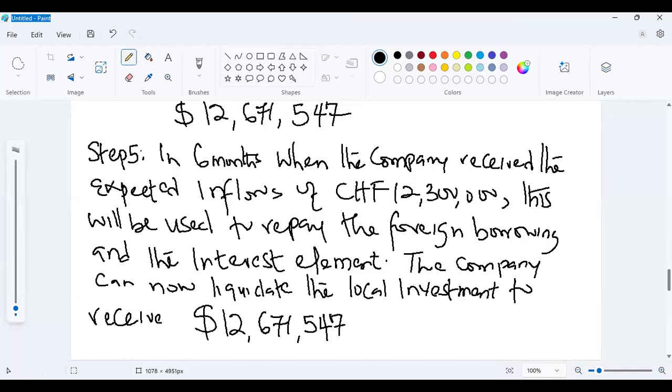This is the end of your money market hedging.